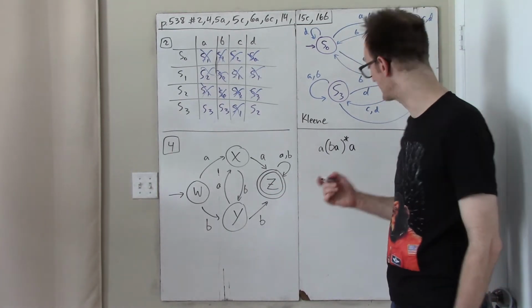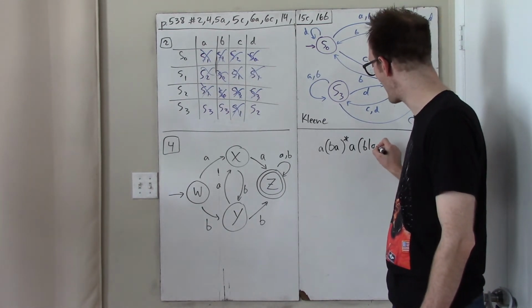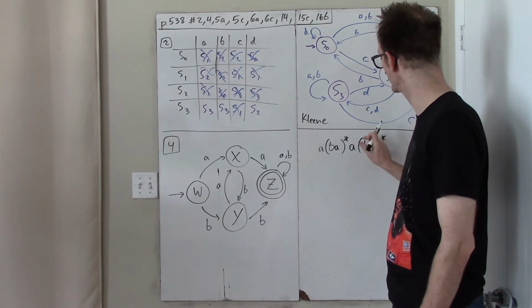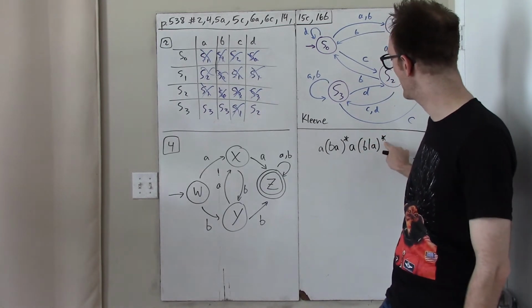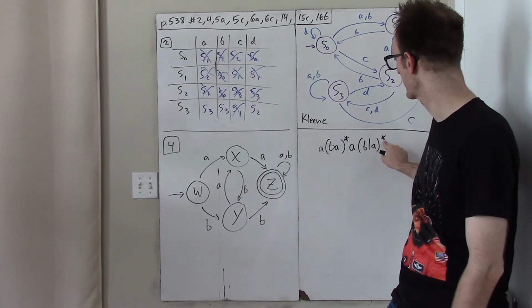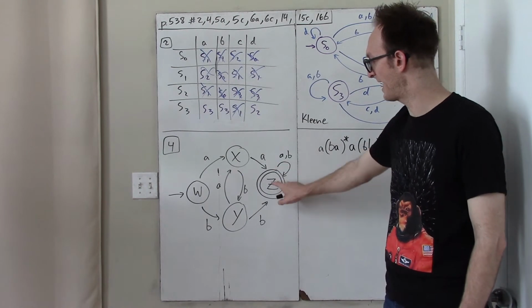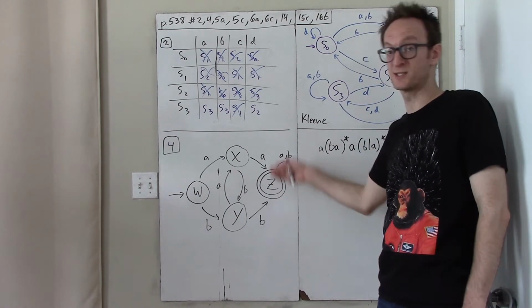There's a way to write this, which is to say B or A any number of times. Once again, I use this star to indicate 0 or more times, because at the moment we land in Z, if the string ends, it should be accepted, of course.